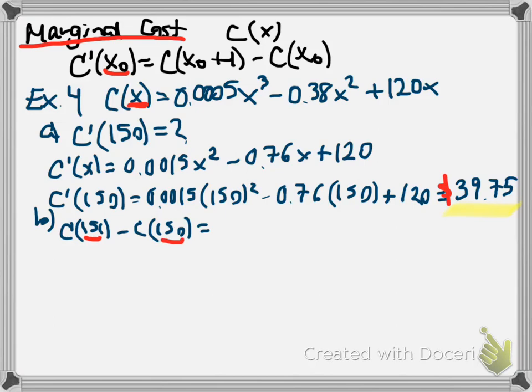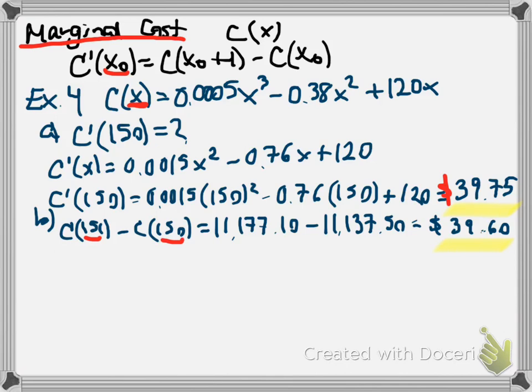So C of 151 equals 11,177.10 minus 11,137.50, which equals 39.60, which is a pretty good estimation and with a much easier process.